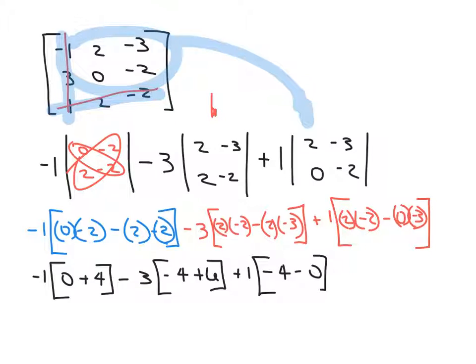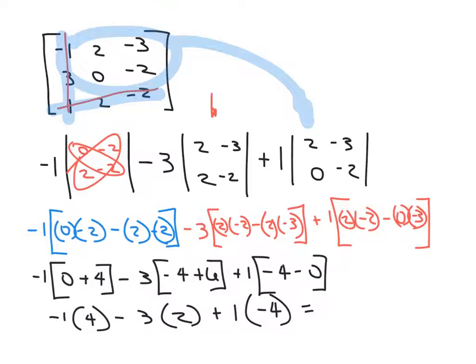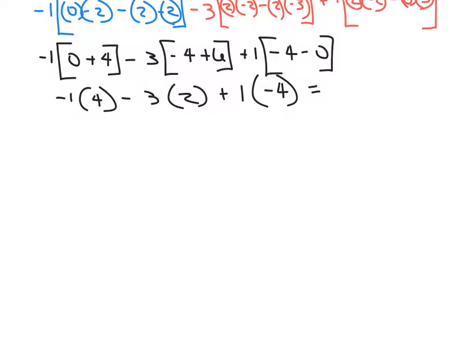So now I have negative 1 times 4 minus 3 times 2 plus 1 times negative 4 equals negative 4 minus 6 minus 4 equals negative 14. There's my determinant.